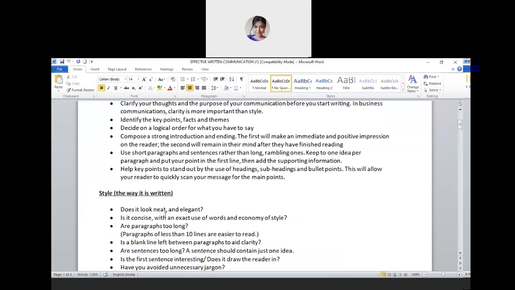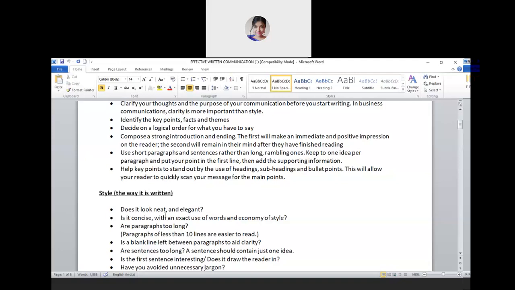You should write with a pen rather than typing. This is writing down in a copy. It's a very good habit. So whenever you're writing something, it should be neat and clean, and you should write it in good handwriting. This is the one thing that you need to maintain.